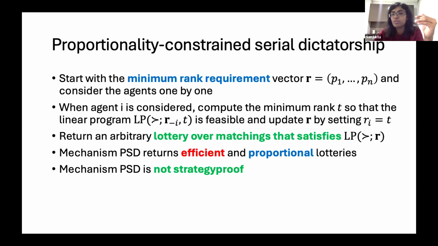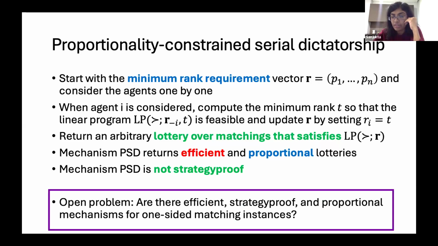So we start with the proportional matching, and then we keep on improving to ensure efficiency. And a small example shows that it will violate strategy proofness. So the question here is, can we find efficient, strategy proof and proportional mechanisms?